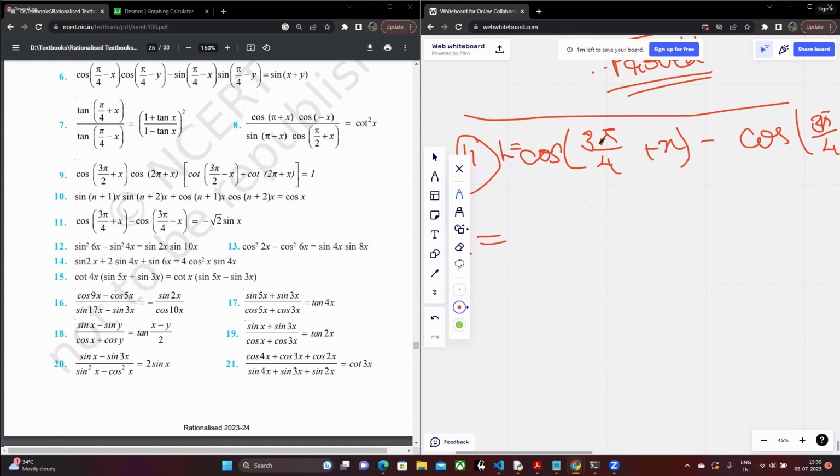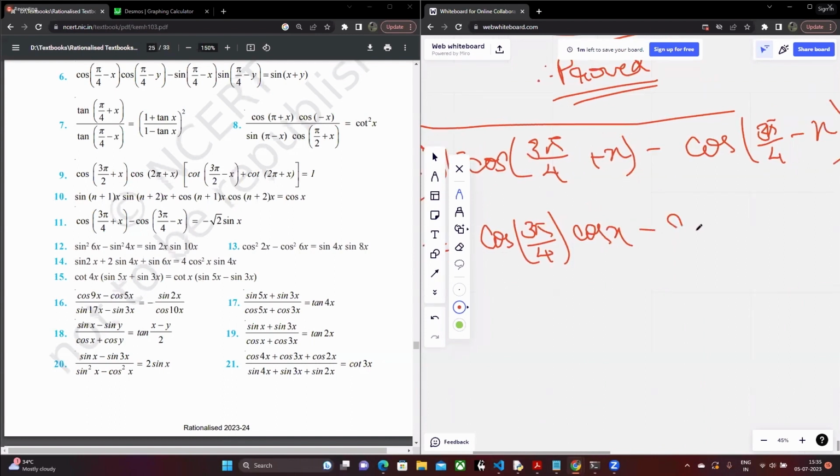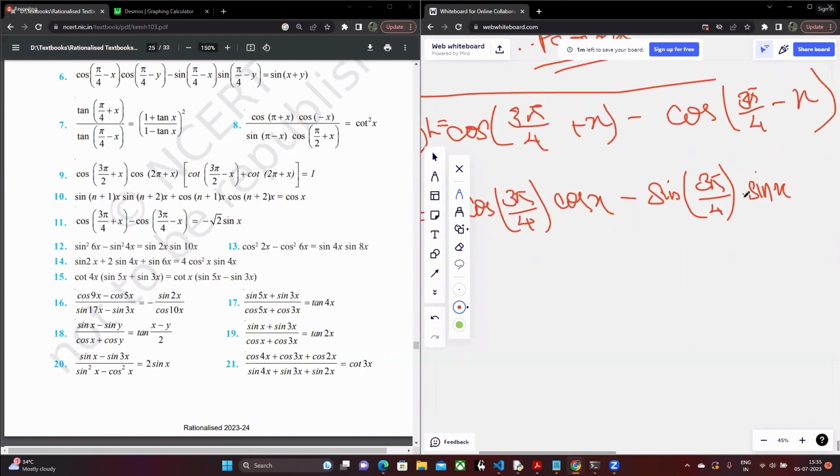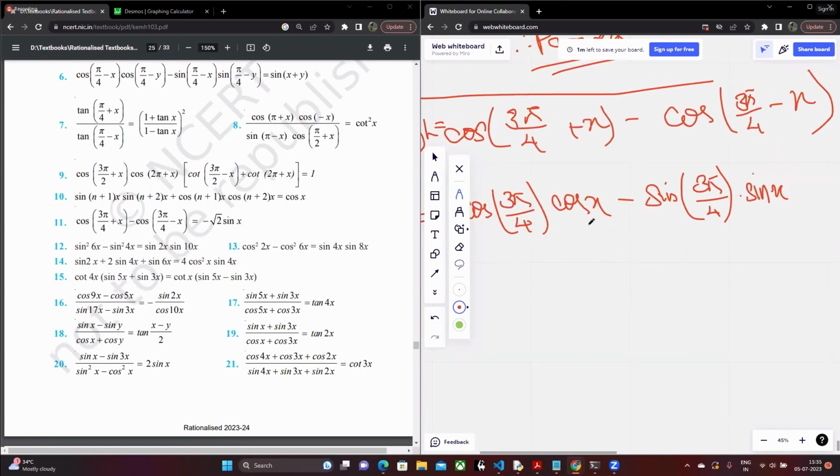So just expanding this, cos of x plus y is cos x cos y minus sin x sin y. Sin of 3 pi by 4 into sin x. The dot is 'into'. For all those of you who haven't heard of the dot operator, the dot is 'into'.